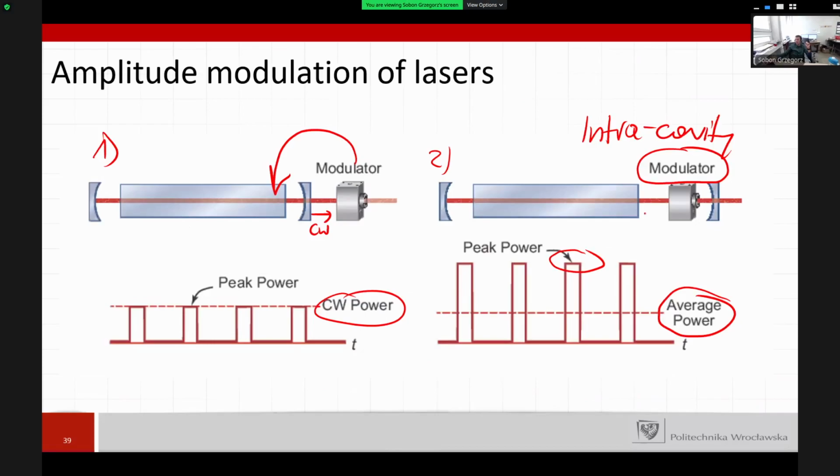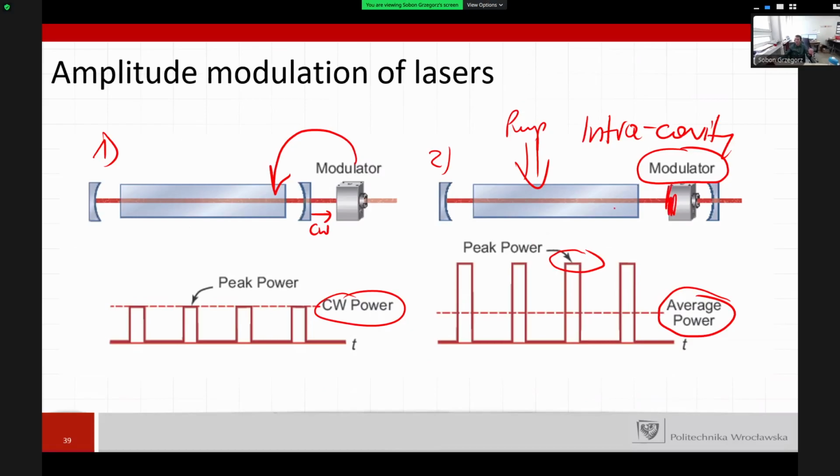This is because if we insert this modulator inside the resonator and we pump the laser, so we deliver energy, and the modulator is closed, so the shutter is off and is blocking light, you cannot pass any light through the modulator. It means that you are storing a lot of energy in the gain medium because you still pump, but the gain medium cannot release the energy in the form of the laser beam because it's blocked.